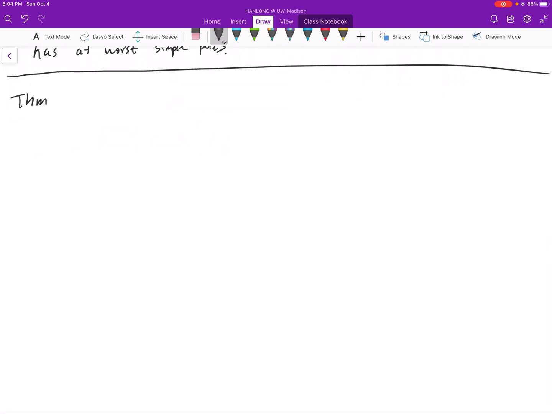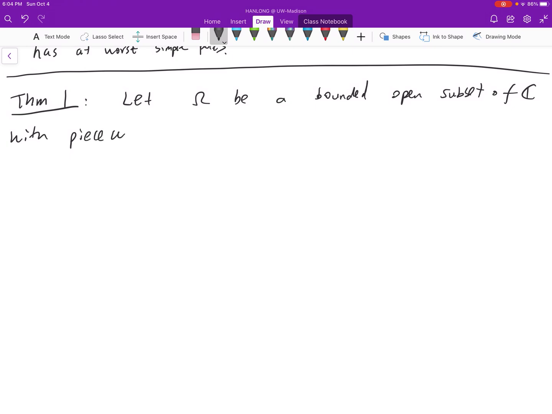Next, we'll apply this observation. Let omega be a bounded open subset of C with piecewise smooth boundary.